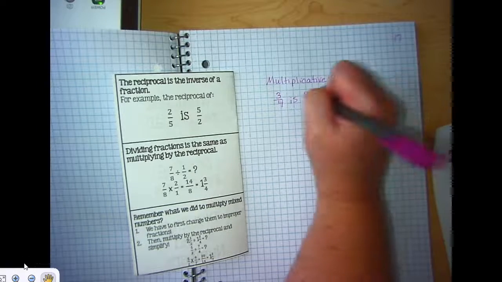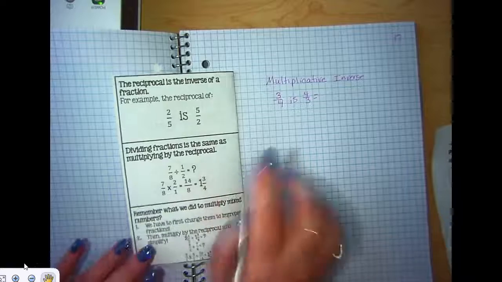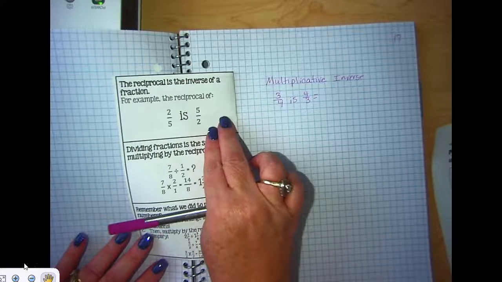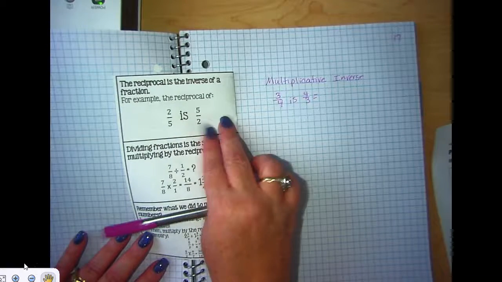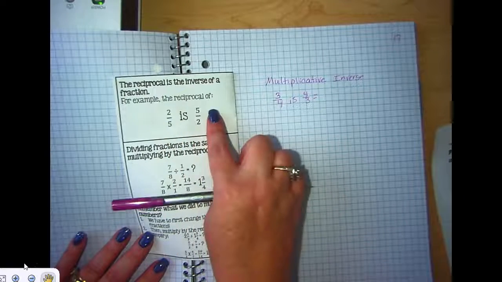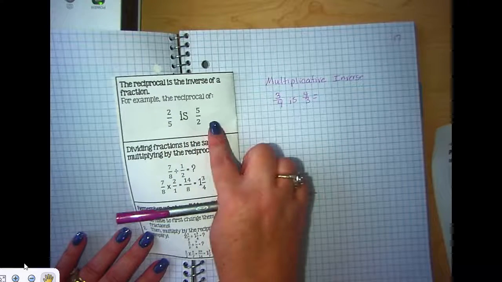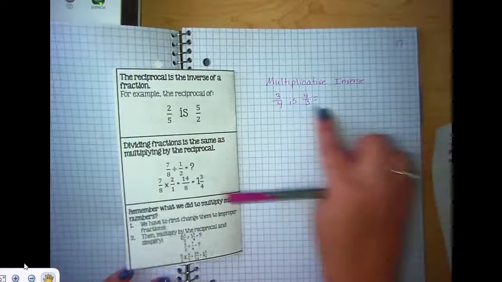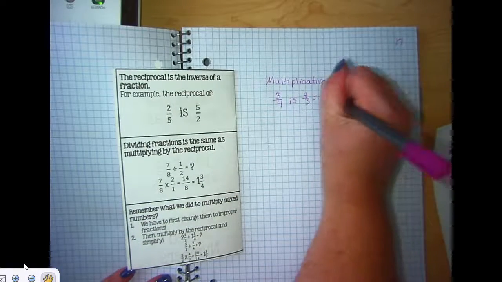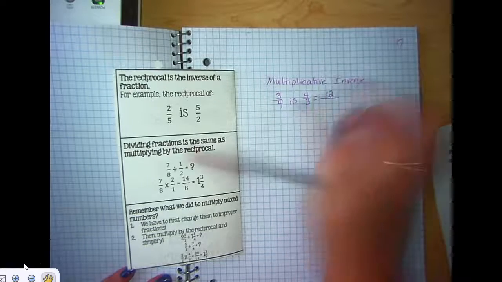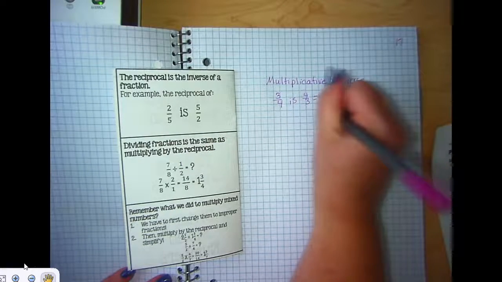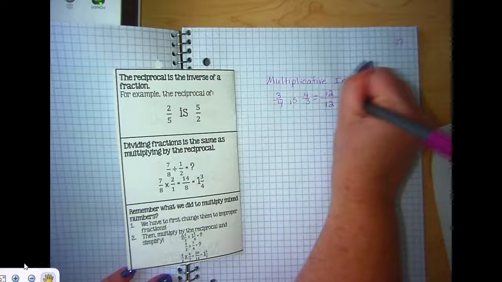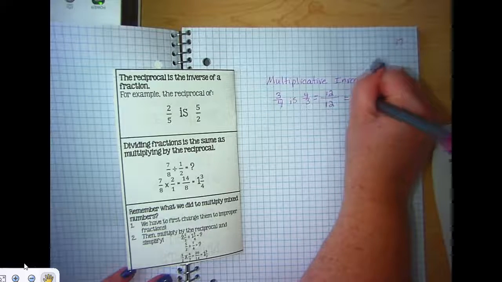And we know that whenever we're looking at the multiplicative inverse, when we multiply those straight across, we should get a 1. So 2 times 5 is 10, 5 times 2 is 10, and 10/10 is 1. So let's look at this. 3 times 4 is 12. 4 times 3 is 12. And 12/12 is 1.